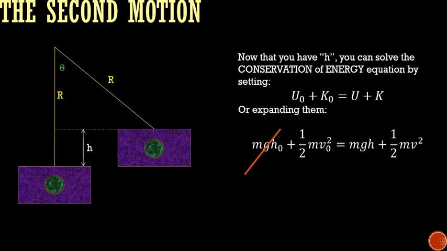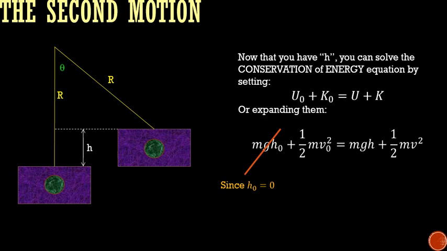You can then cancel out the mgh naught, which is the initial potential energy, because it starts off at a height of 0. h naught is 0. We define that bottom level as 0, right? So we can cancel that out.